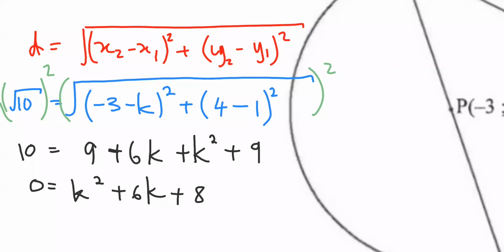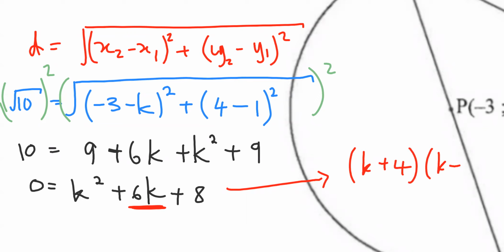The factors of 8 that are going to give us the middle term, 6, are 2 and 4. So we have (k plus 4)(k plus 2), and therefore k is either equal to -4 or k is equal to -2.